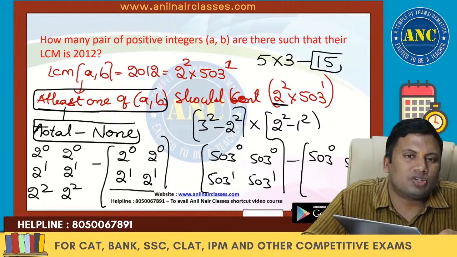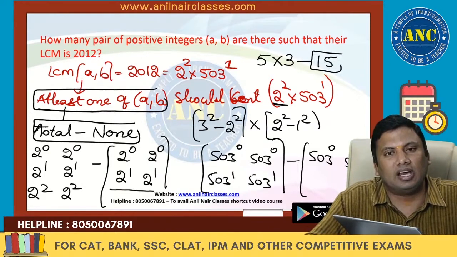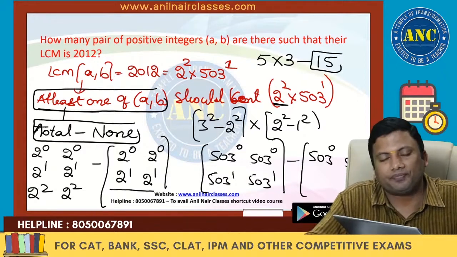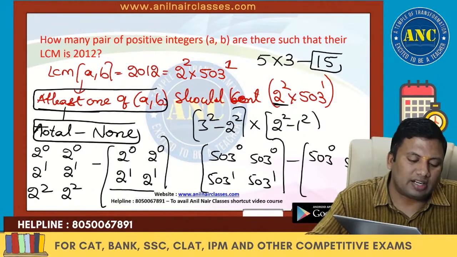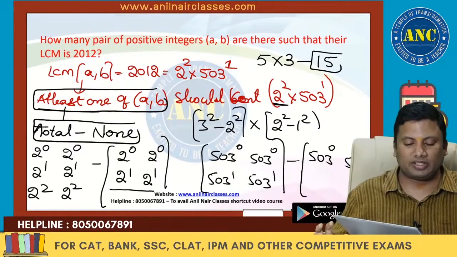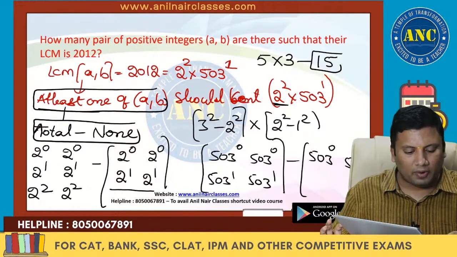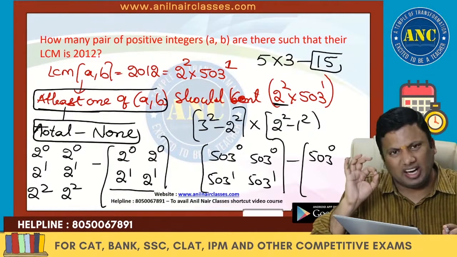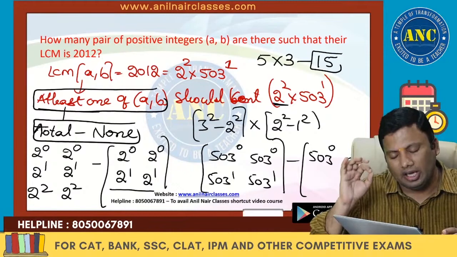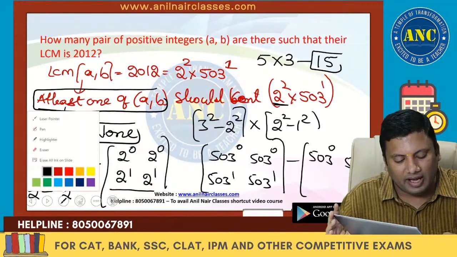At least one student sitting in my class should get a 100 percentile in maths. Total, how many students attended the class, minus none of the students who got the 100 percentile. I hope it is clear. Is it clear? This is an extremely important logic. If you know this logic, some complex questions you can solve very, very easily.